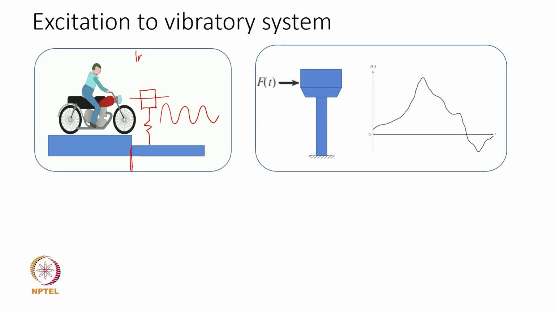So, this is like initial excitation at t is equal to 0, and that generates the response. The other type of excitation that we discussed a few lectures back was arbitrary excitation. Now, that arbitrary excitation is not an initial condition at t is equal to 0, but it persists for a certain duration of time.